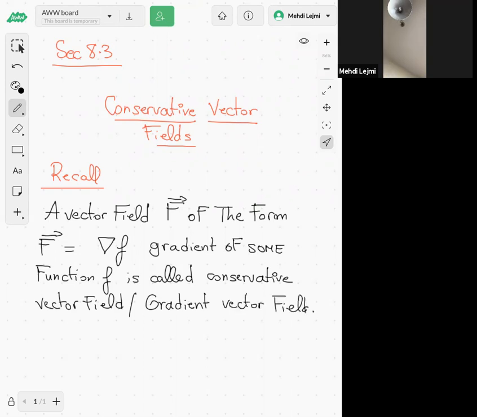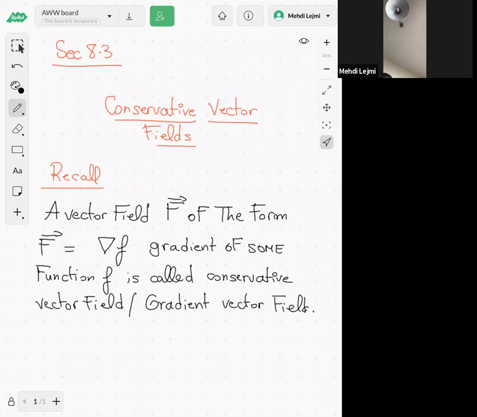Right. So we are interested in the conservative vector fields because we proved last week that a conservative vector field has path independent line integrals. So the line integral of F depends only on the value of the scalar function at the endpoints of the path.